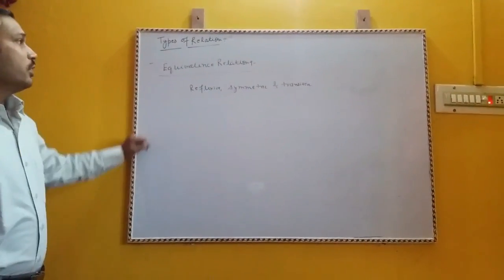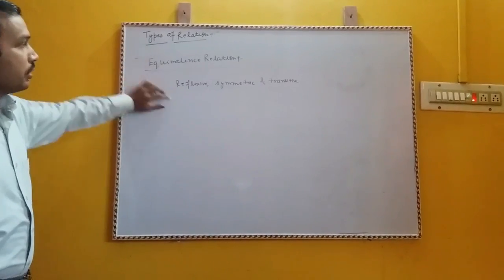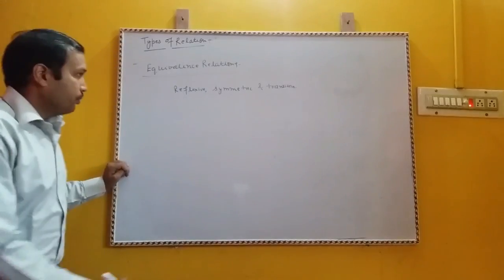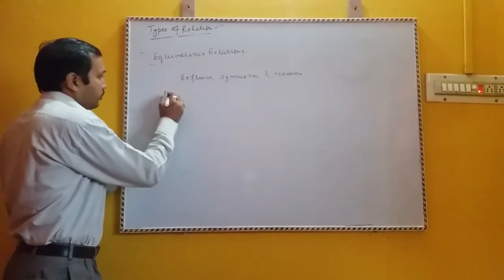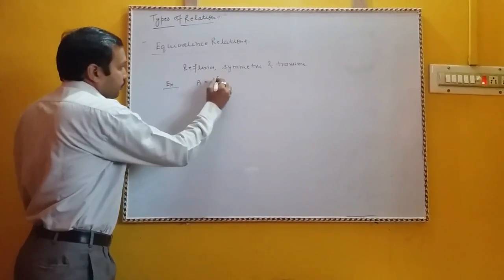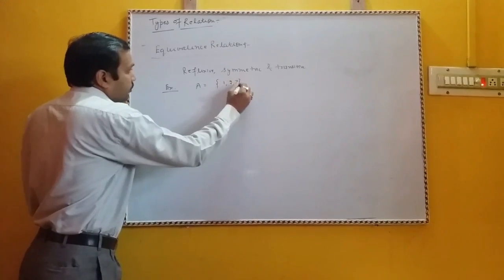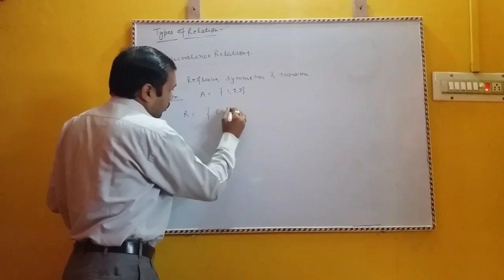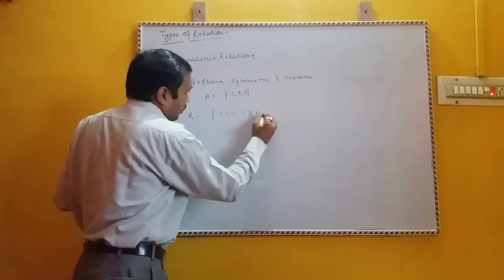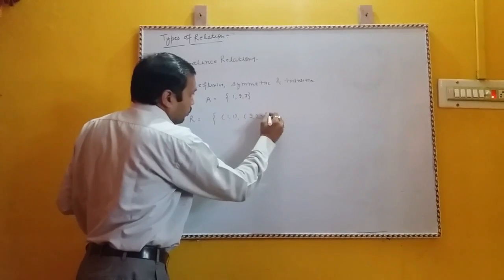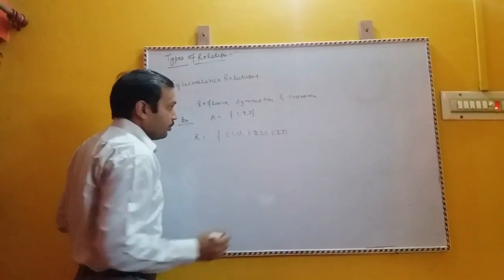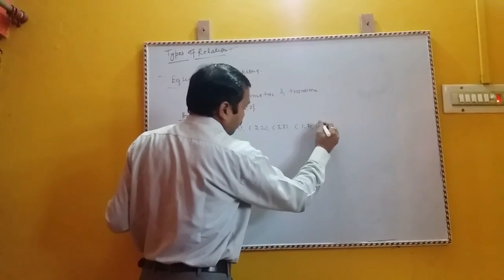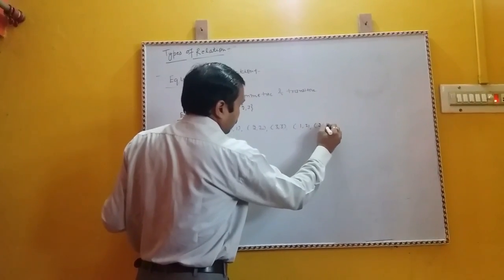It means any relation is said to be equivalence if it is reflexive, symmetric and transitive. For example, on a set A, let us consider R = {(1, 1), (2, 2), (3, 3), (1, 2), (2, 1)}.